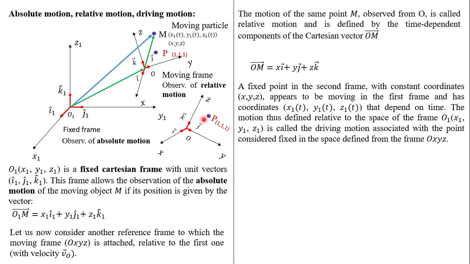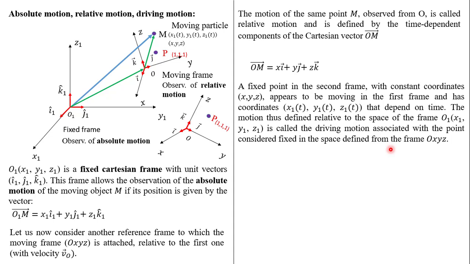So P will move relative to O1, but P will have constant coordinates as seen by an observer at O. The motion thus defined relative to the space of the frame O1, X1, Y1, Z1 is called the driving motion associated with the point considered fixed in the space defined from the frame OXYZ.